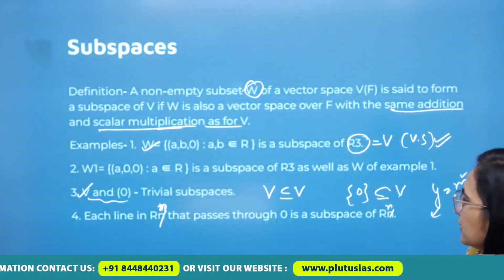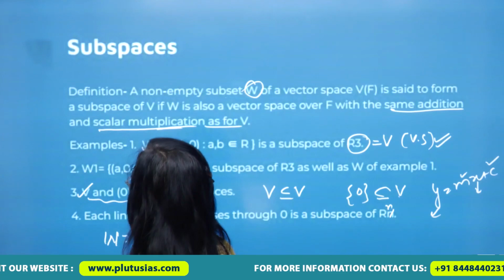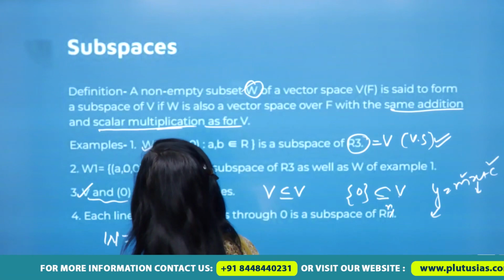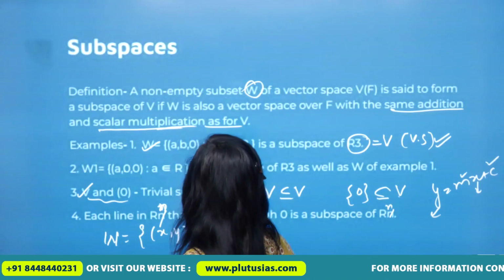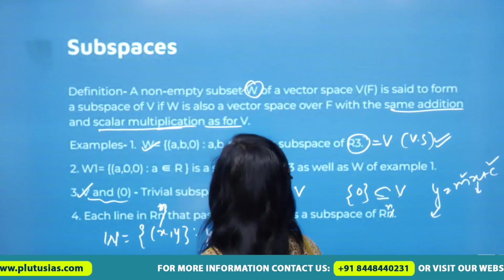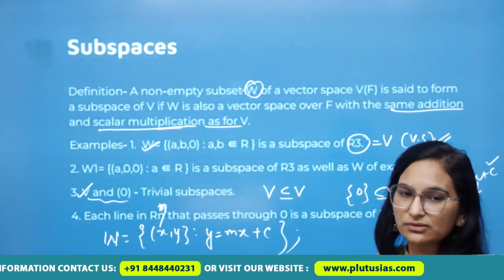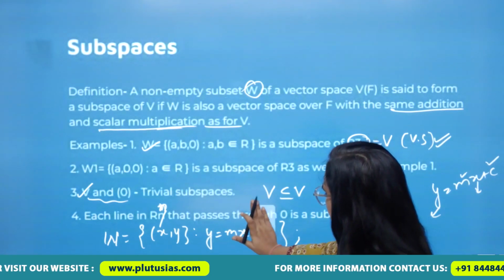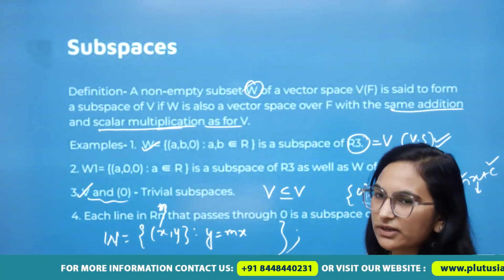How would you prove it? W is nothing but the set of (x, y) such that y is equal to mx plus c. What would be the value of c in this case? Anyone? If a line passes through 0, then we know that the value of c turns out to be 0, and this condition should be satisfied, right?